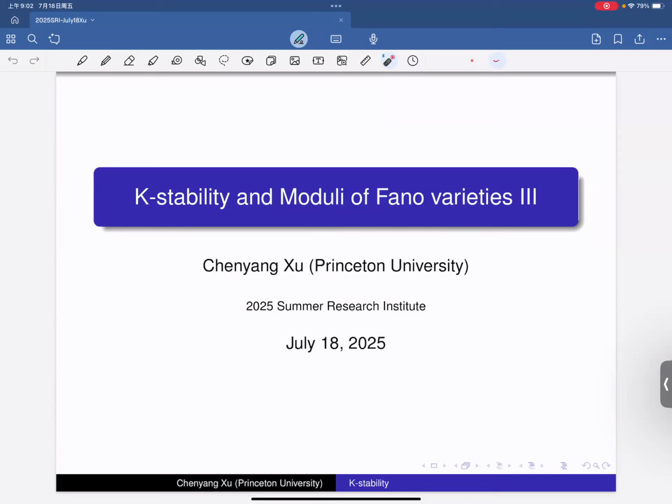For instance, even just 10 years ago, it was completely unclear to me whether there is an algebraic theory behind or not. I think I personally was convinced in 2018 when the uniqueness was settled. So nowadays I think many people live comfortably with the notion of K-moduli, but it was really not that clear just a few years ago.